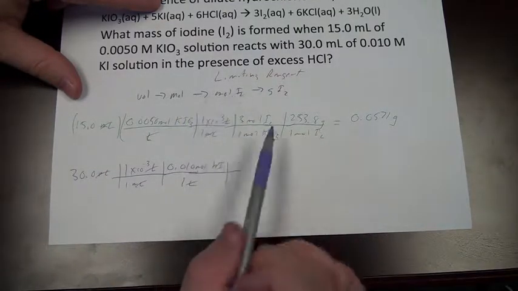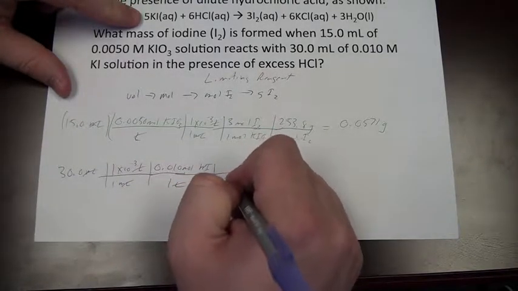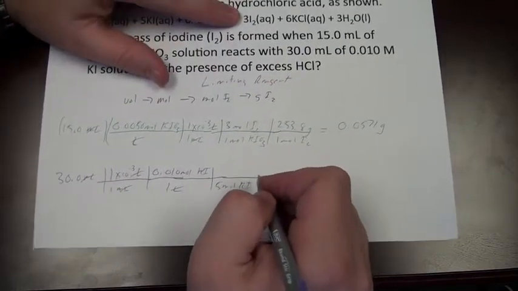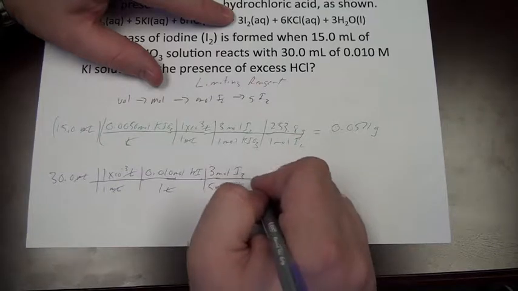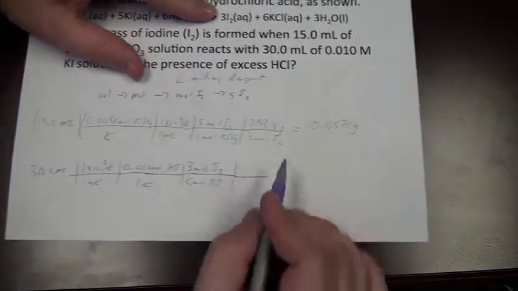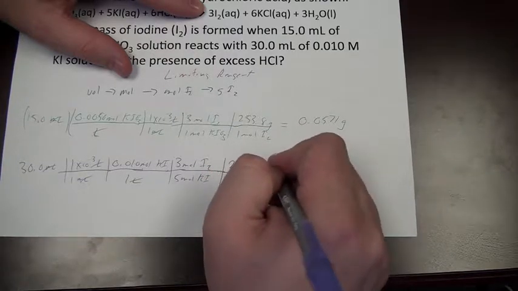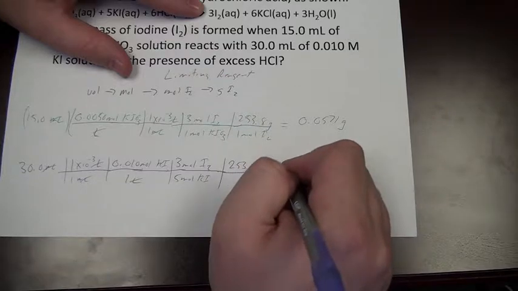Now we have to do the mole-to-mole ratio from up here. For every 5 moles of KI we react, we get 3 moles of I2. And just like above, the molar mass, 253.8 grams of I2 for every 1 mole of I2.